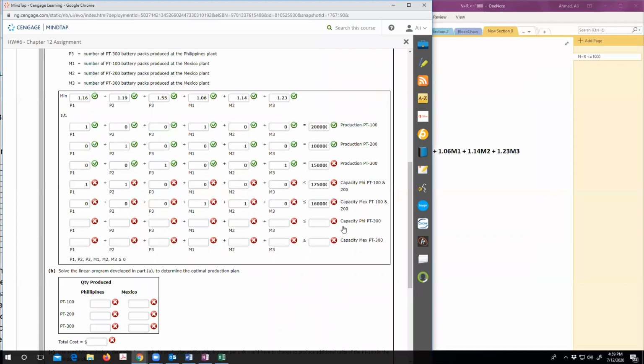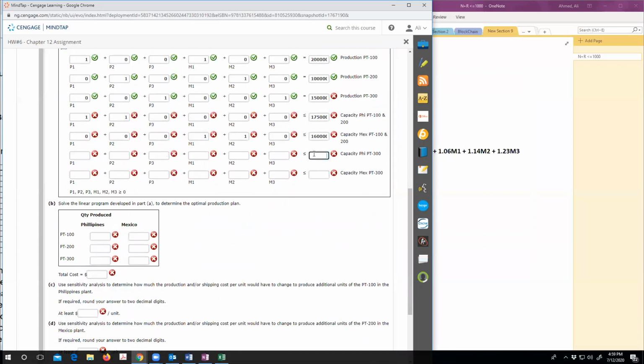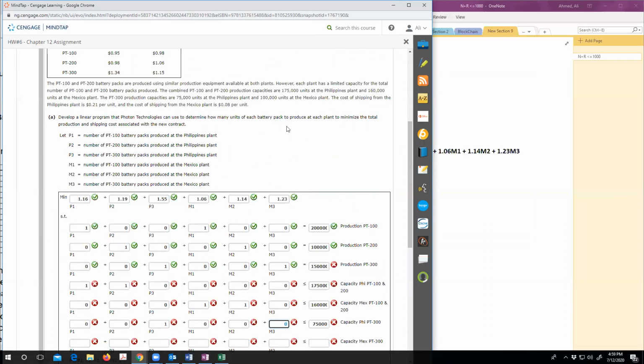All right, so these are two. Now they're saying capacity of Philippines for PT 300. The PT 300 production capacity is 75,000 units at Philippines. So 75,000, and this one would be 0, this would be 1, all others we keep at 0 at this time.